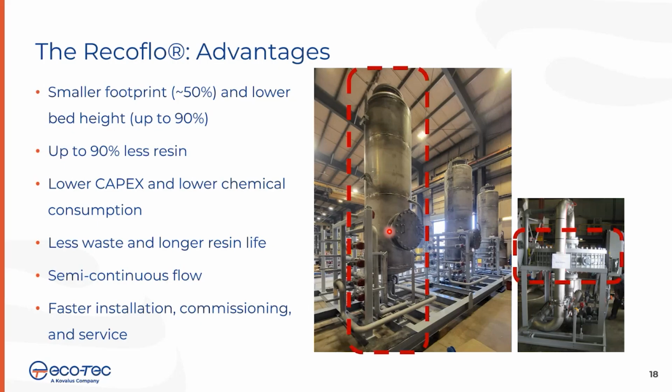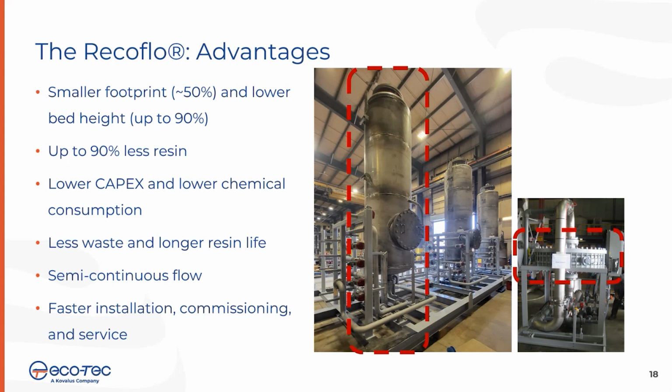This was an early stage of production, and you can compare the vessel size to a typical Recoflo bed. On the operating side, shorter cycles, less waste, and simpler operations reduce ongoing costs and burden. And in terms of performance, you get clean cutoffs that support stable product quality.